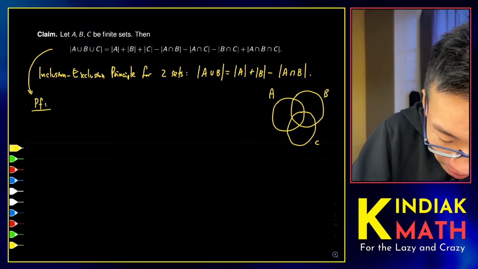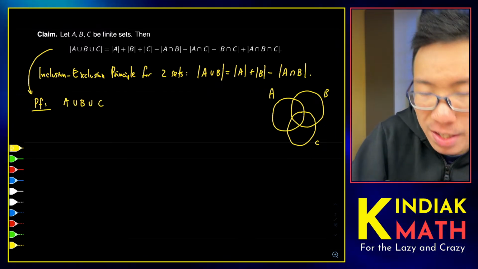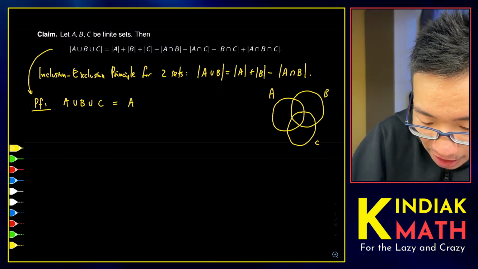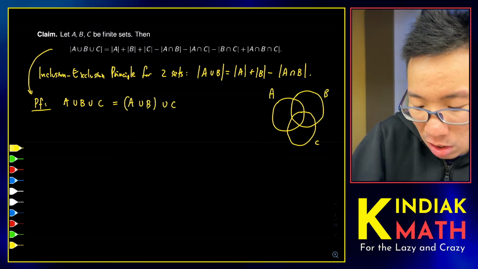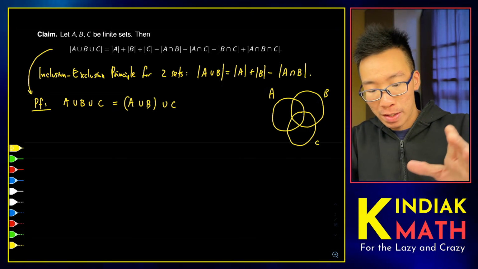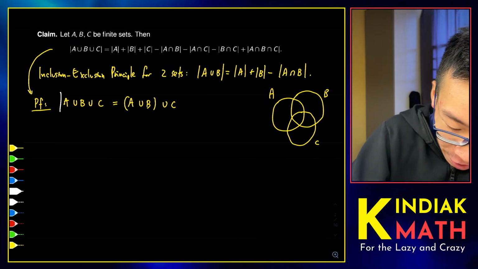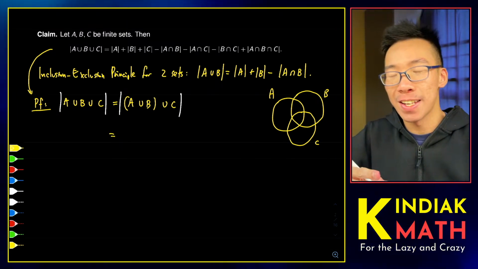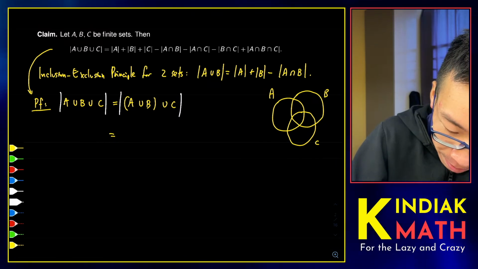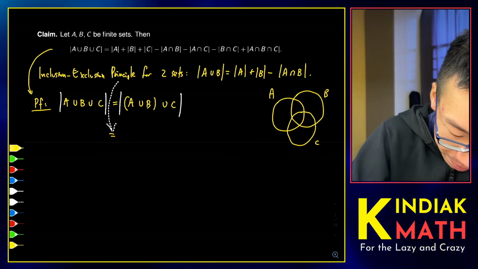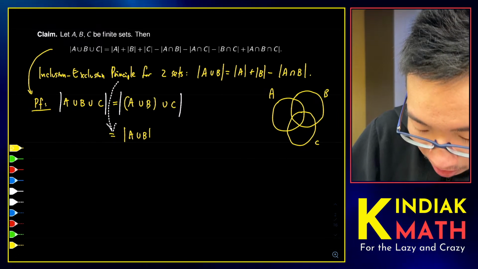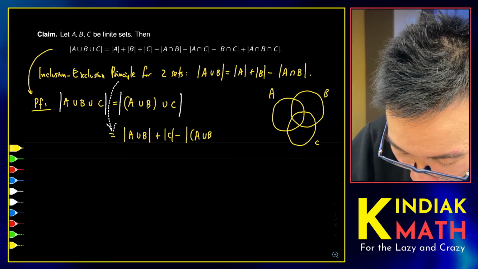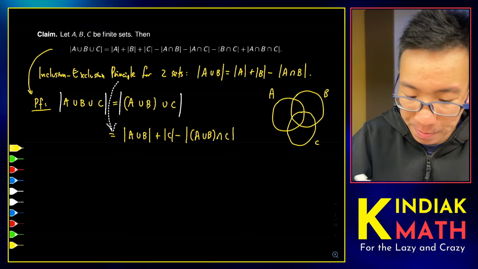A union B union C can be written as A union B, union with C. And the idea is that when we take the cardinality, we can apply the 2-set inclusion-exclusion principle over here to get A union B plus C minus A union B intersect C.